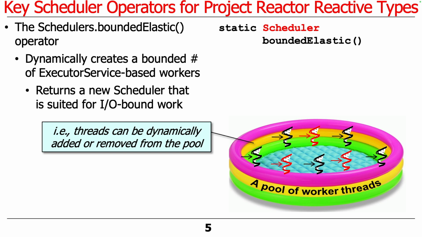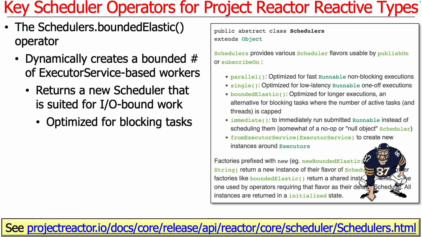And the reason bounded elastic works for I/O bound work is because the implementation can dynamically add or remove threads from the pool depending on whether or not some threads are blocking on I/O, and we need more threads in order to keep the computation moving forward.